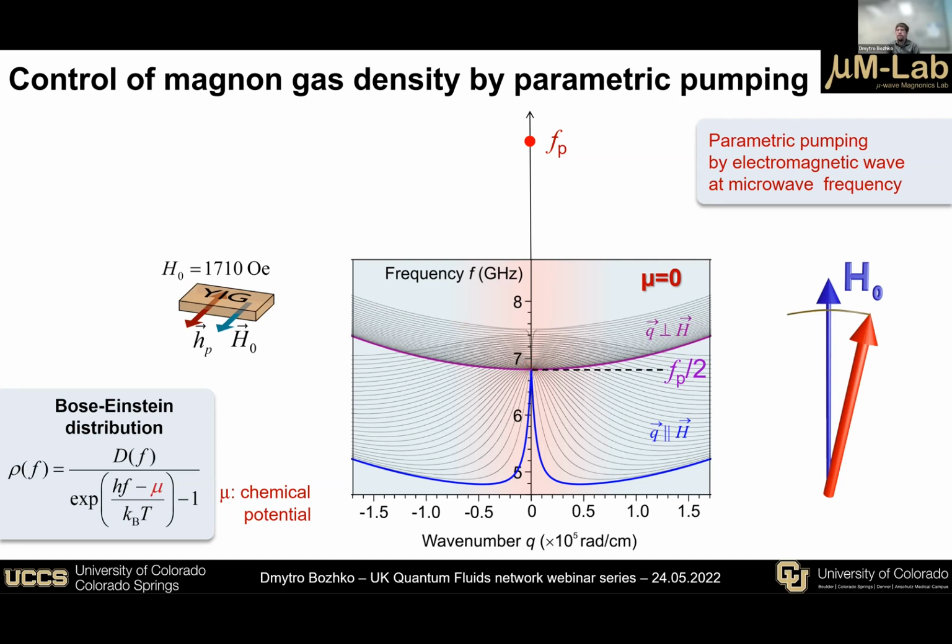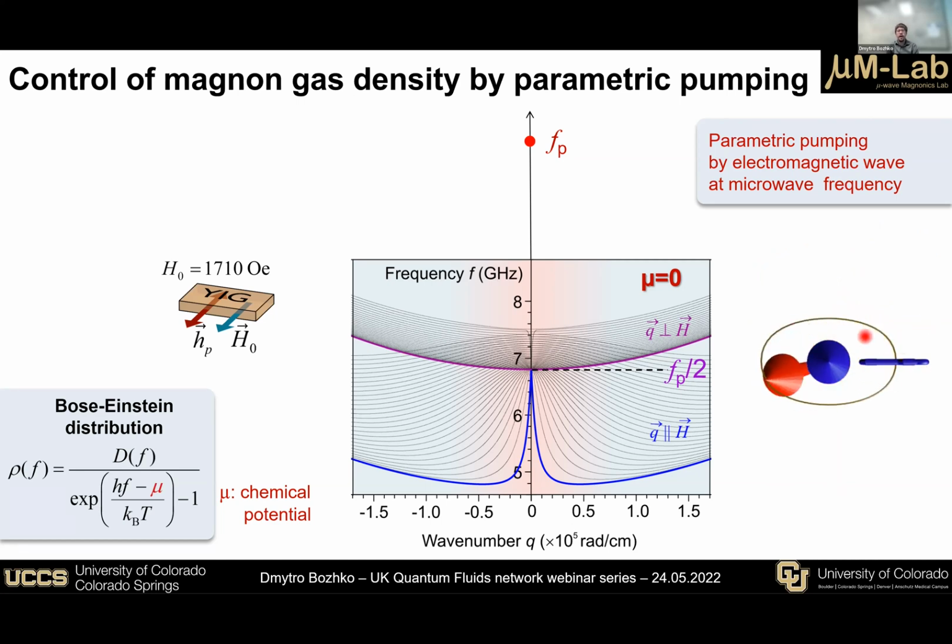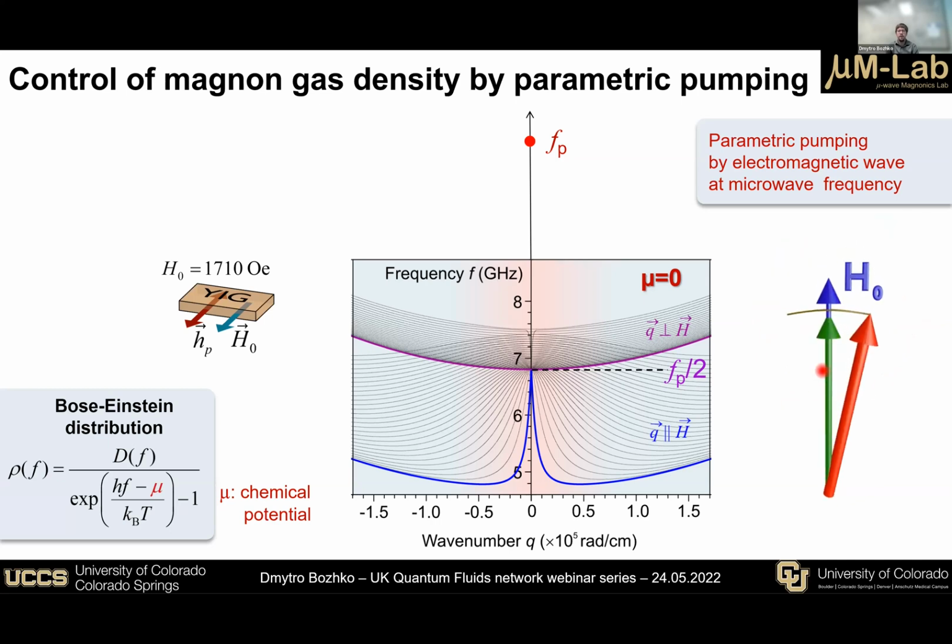The more effective way of creating magnons in the system is to use so-called parallel parametric pumping.